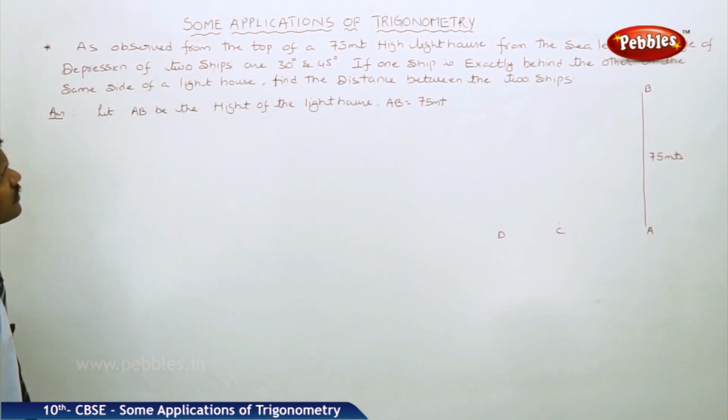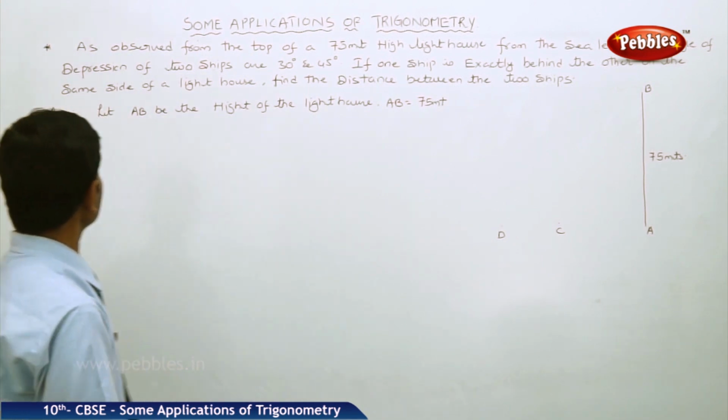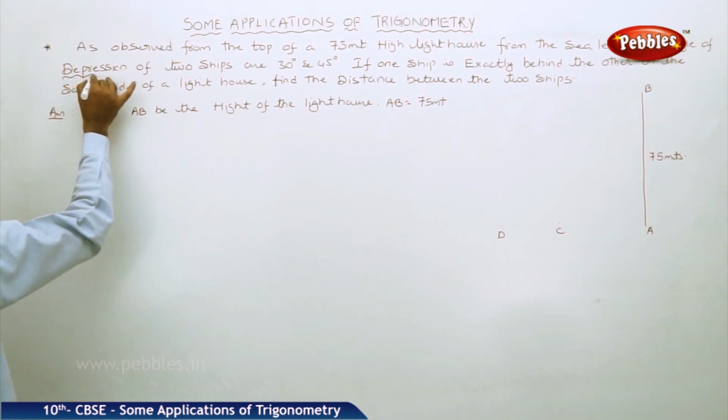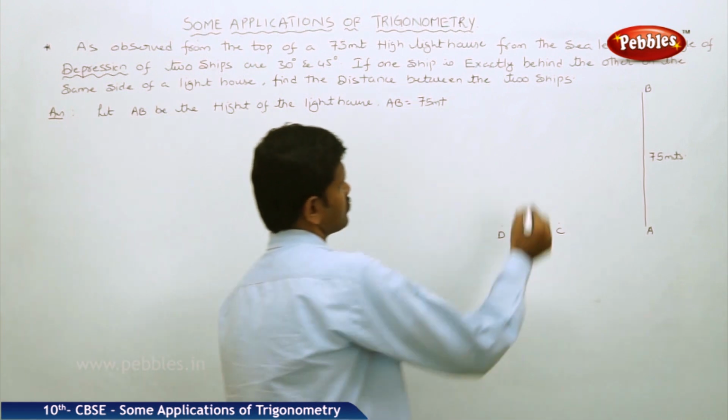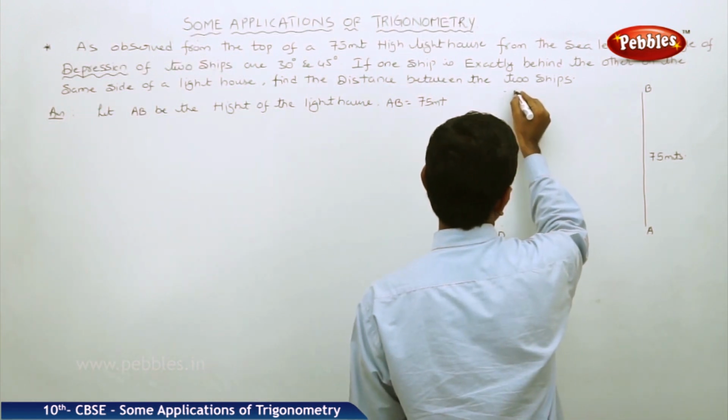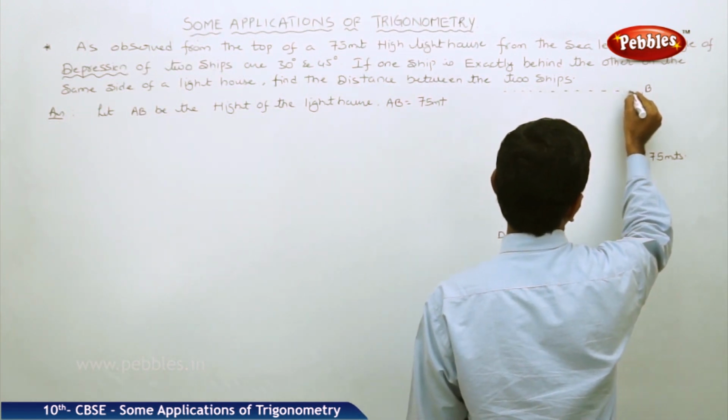In this question, it is the first time we are saying angle of depression, that is, the normal eyesight is parallel to the base.